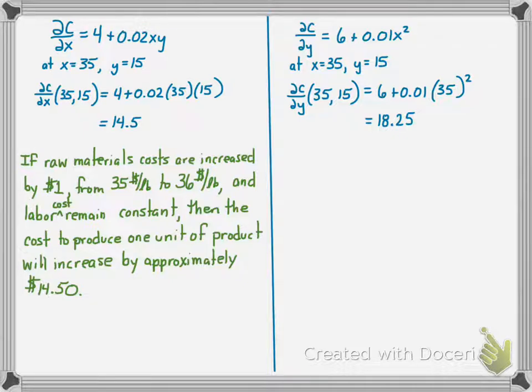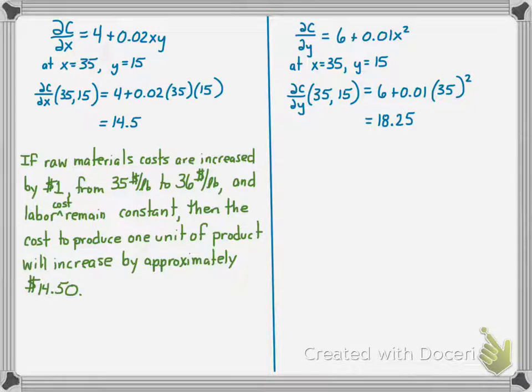All right. So, for example, if tariffs are put into place and your raw materials go up by $1 per pound, then the cost to produce 1 unit of your product is going to go up by $14.50. Okay. So that's our interpretation of the partial derivative of c with respect to x.